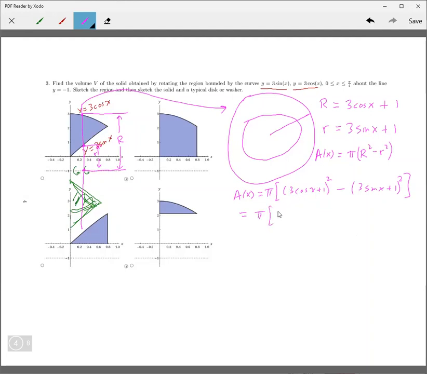So if you expand this out, you get 9 cosine squared x, and then the middle one is going to give you 6 cosine x, and then the last one is going to be plus 1. And then you subtract the square of that, so that's 9 sine squared x minus 6 sine x minus 1 is what you get there. And the ones are going to cancel.